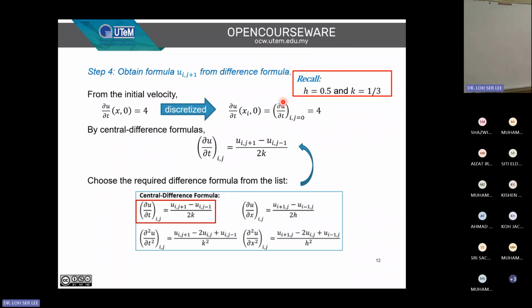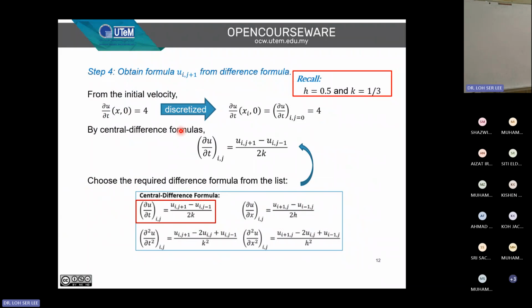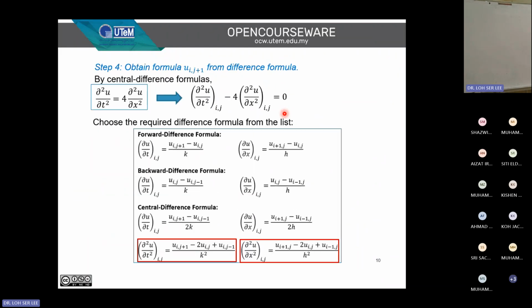Since the question says by central difference formula, we will use the formula from the group of central difference. This is u_t. If you look at this formula under central difference, the u_t is this formula.